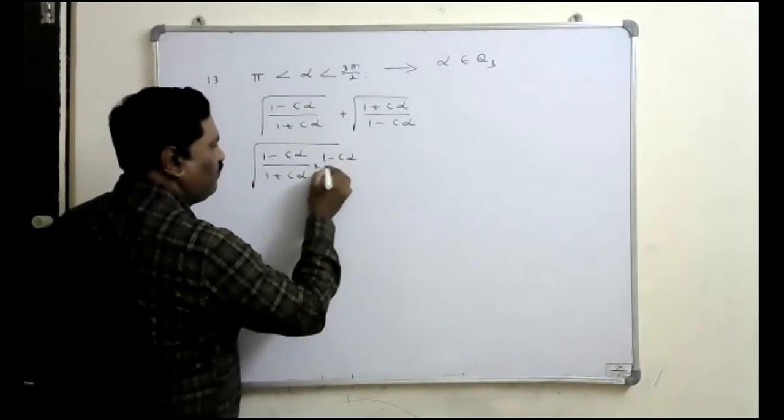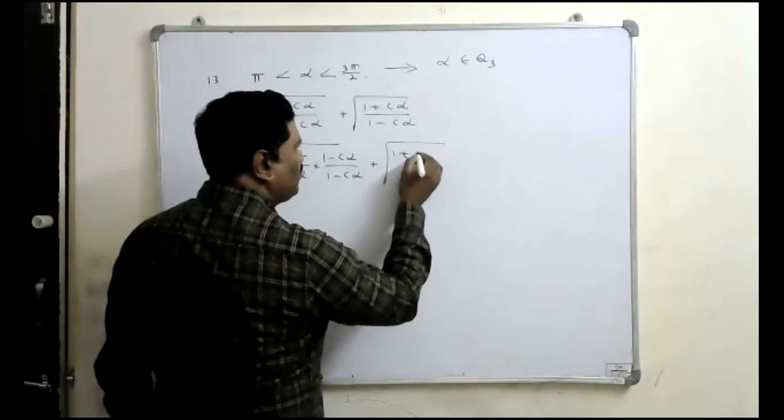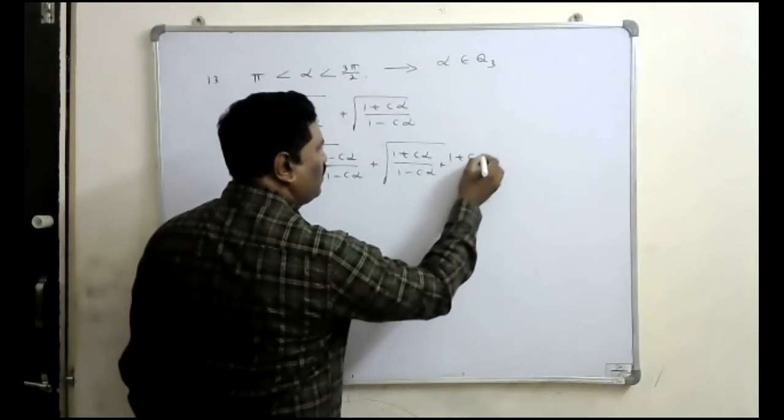1 minus cos alpha upon 1 minus cos alpha plus under root 1 plus cos alpha by 1 minus cos alpha, multiply and divide by 1 plus cos alpha here also.